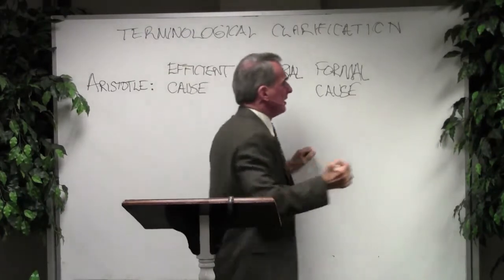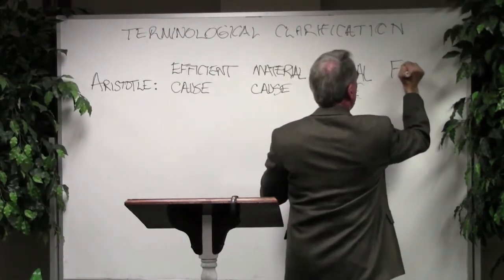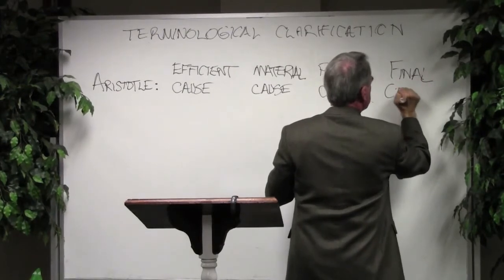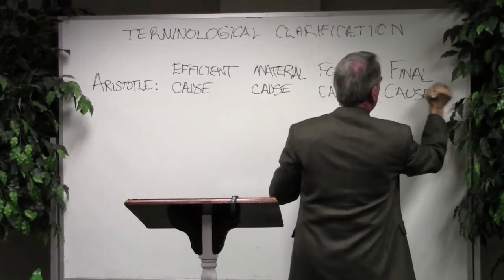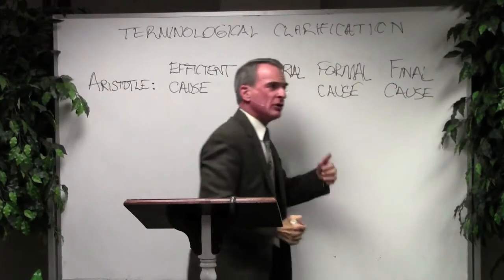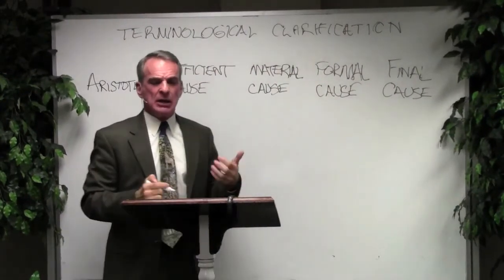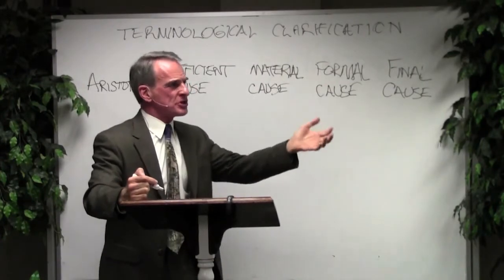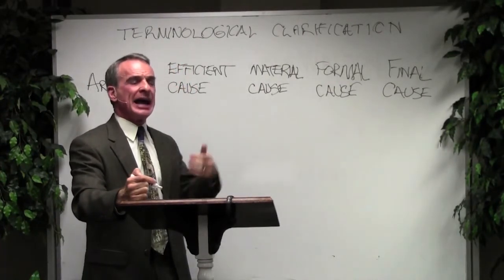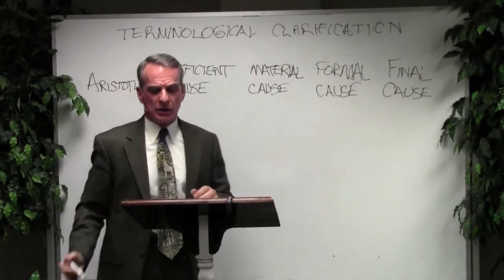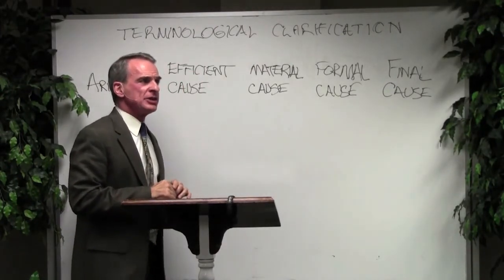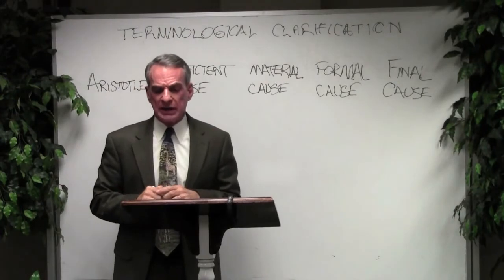And finally, there is the final cause, and this would be the end for which something is made, or the goal, or the purpose for which something is made. Michelangelo presumably had some sort of aesthetic purpose in mind for making the David, and that would be the final cause.